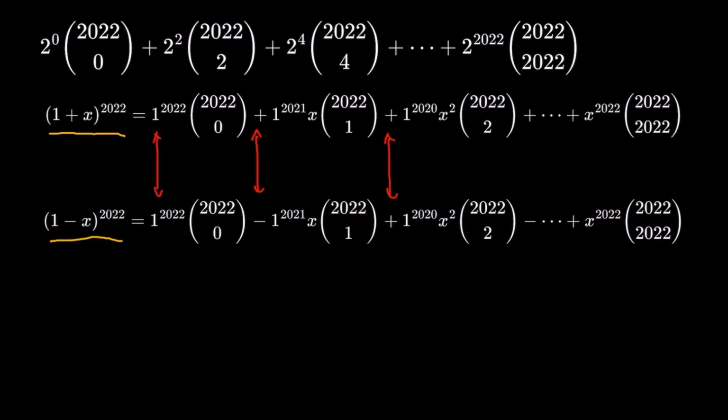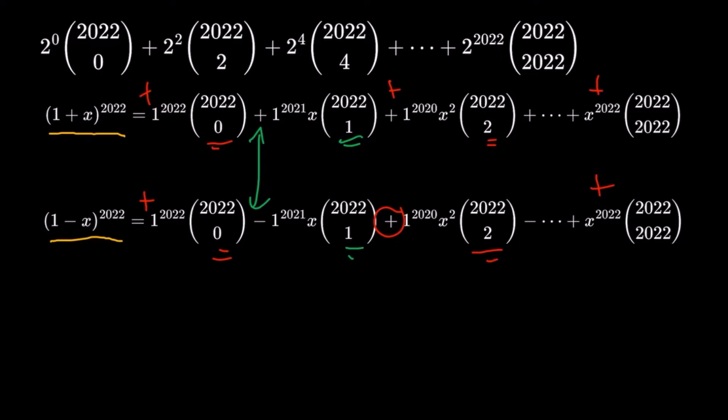So taking a look at the things here, for all the terms with 2022 choose evens, the sign is always positive for both, all the way until the end. But for the ones with 2022 choose odd, they're going to have different signs.